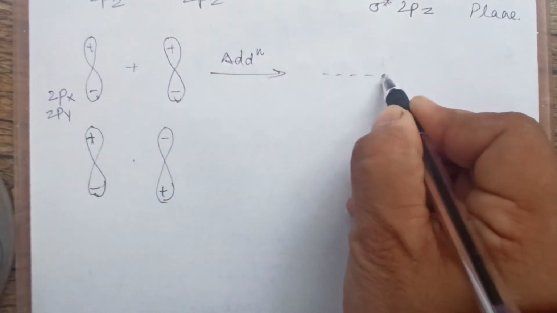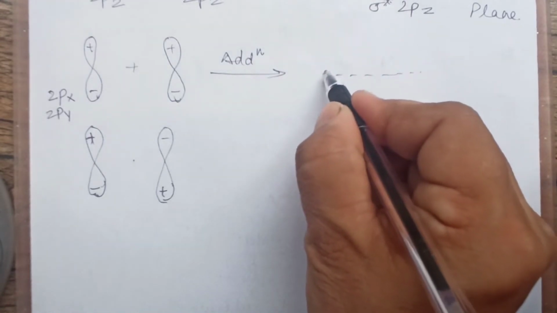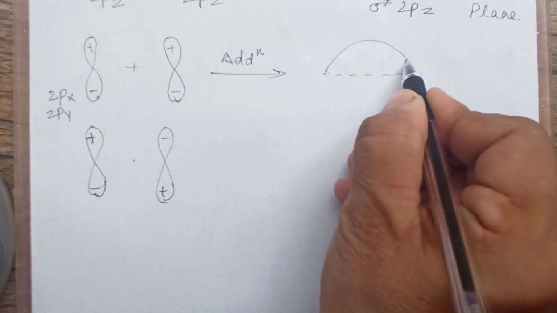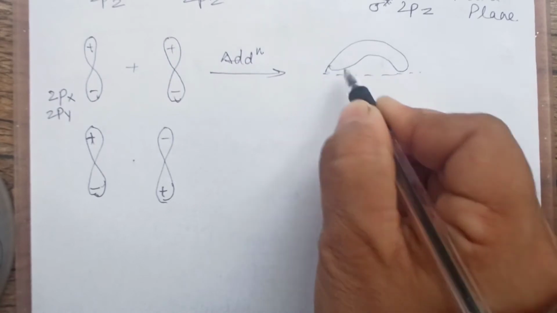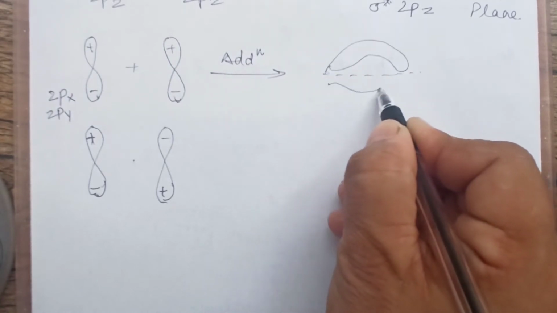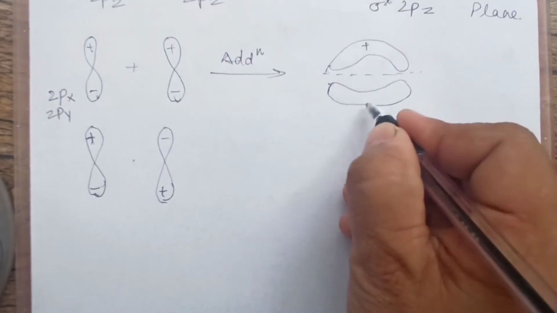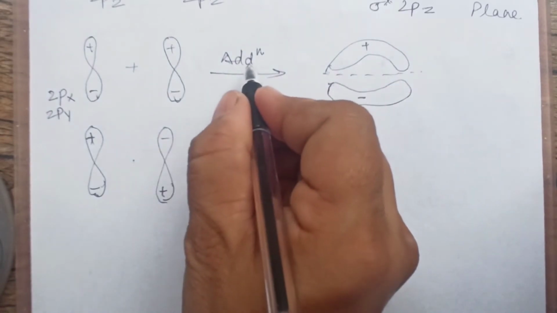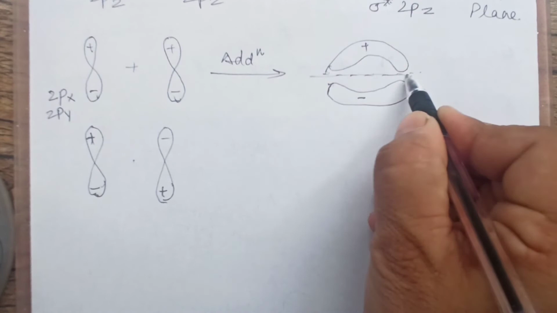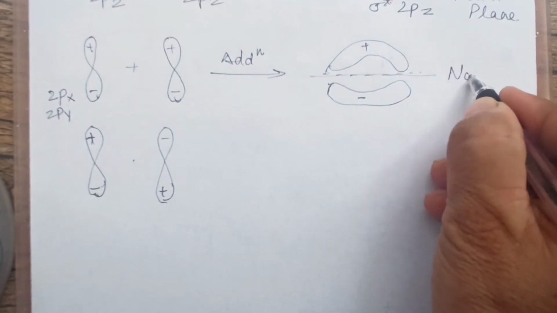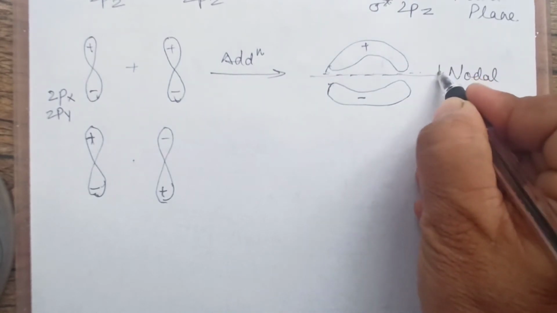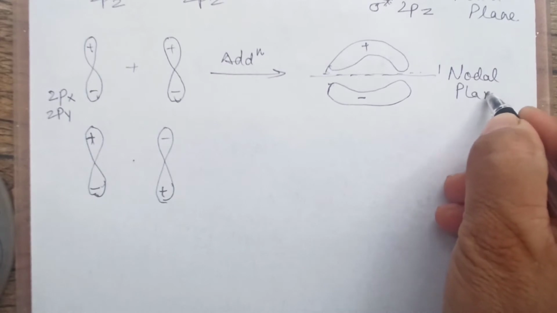So this will be one internuclear axis. You will combine like this, and the upper two lobes you are going to represent, and likewise you are going to show the lower two ones. So this is the positive part, this is the negative part, this is addition, and this is one region, children, where there is no electron.